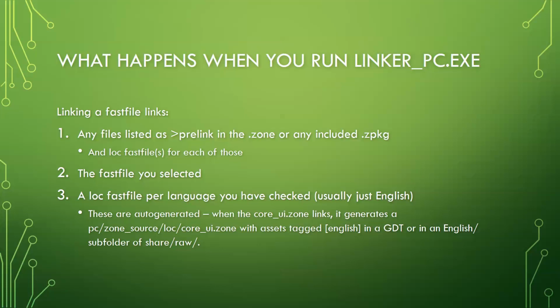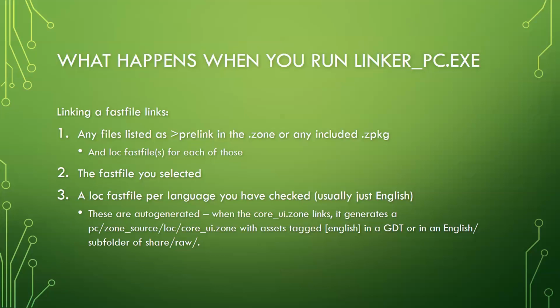But for example, core frontend, it'll link core frontend as the second step. And then third, it links a load fast file per language you have checked, which is usually just English. If you want to link more languages, you can go to Tools, Options, Advanced, and check the Show All Languages button, and then restart Rex, and you'll see something like 12 or 14 language options.